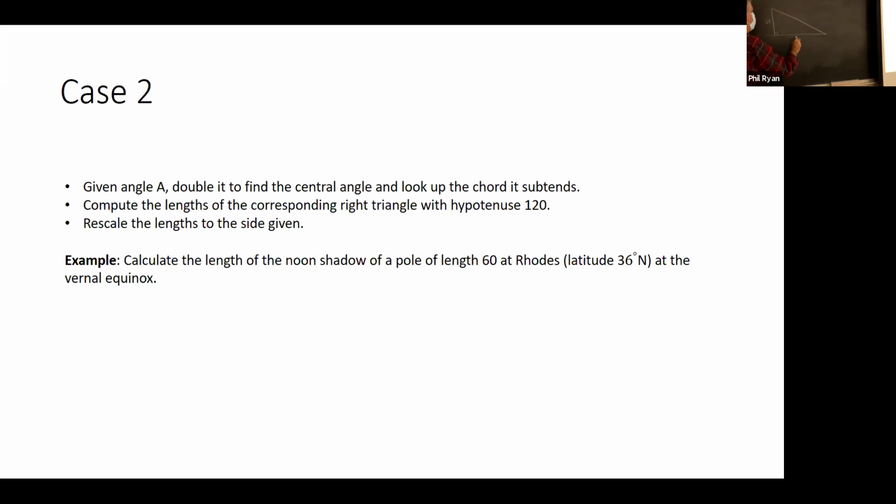And this is what we want to find out. This is our x, this is our unknown. And it's the vernal equinox. So that's where the 36 degrees comes in. So that's actually how you can figure out latitude. If at the vernal equinox you shoot the sun at noon, you actually get the actual latitude where you're at. And if it's not the vernal equinox, then you need a whole book of tables to figure out what the correction is to figure out the latitude.